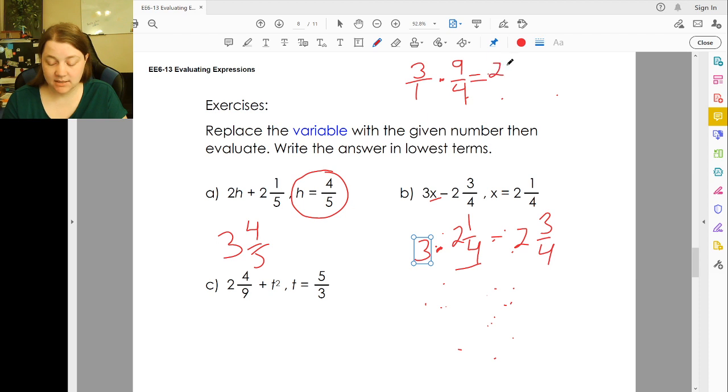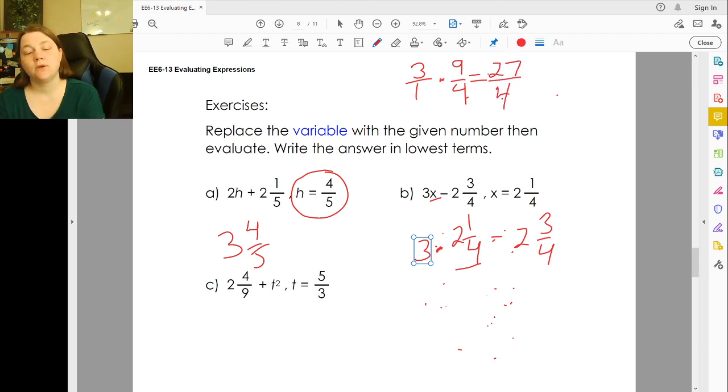3 times 9 is 27. 1 times 4 is 4. 27 over 4. Well, I know that 4 goes into 27. Let's think about this. I know that 4 goes into 24 6 times. 4 goes into 28 7 times.